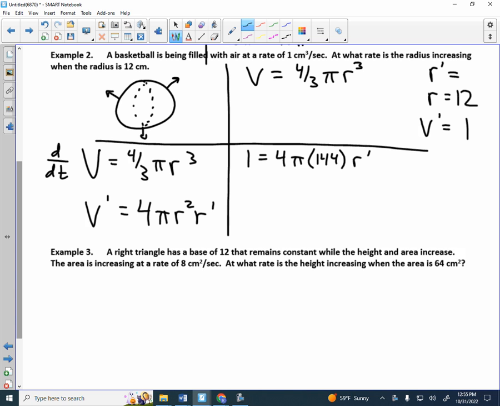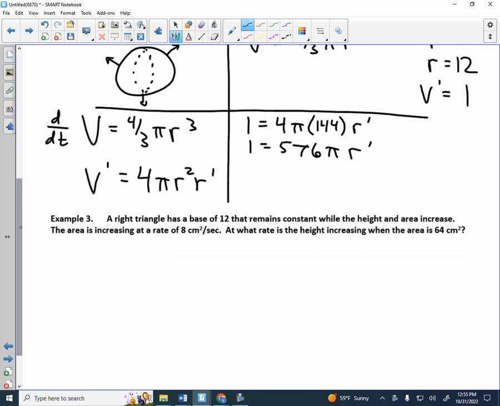Very good. So 576 pi r prime. Yep, 1 over 576 pi is equal to r prime. 1 over 576 pi what?